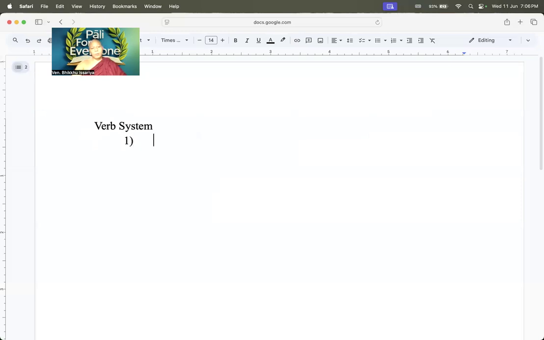So the first one is independent verb, or main verb, we can say. And then the second one is dependent verb, or subordinated verb.